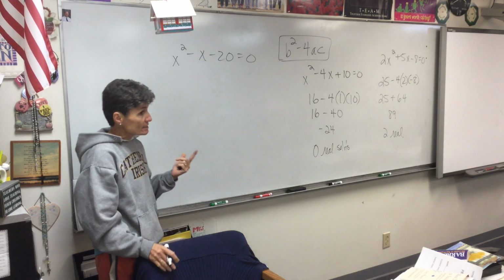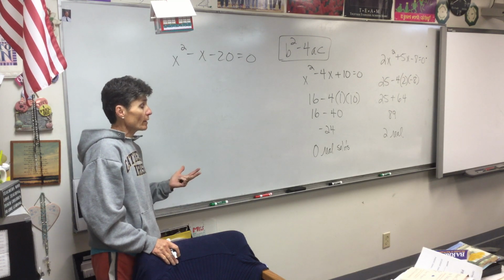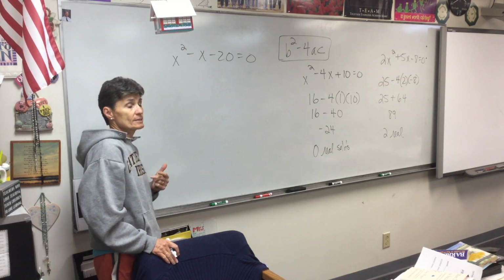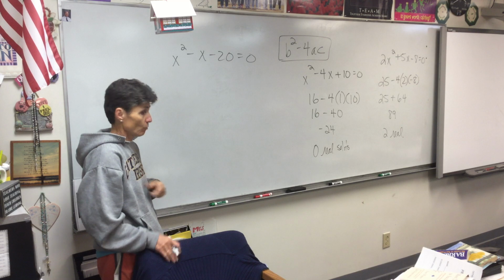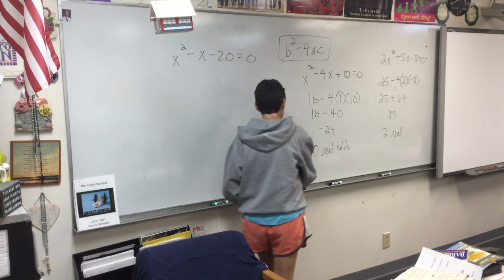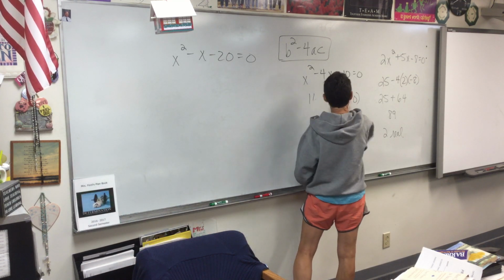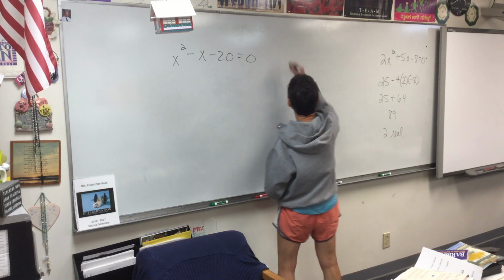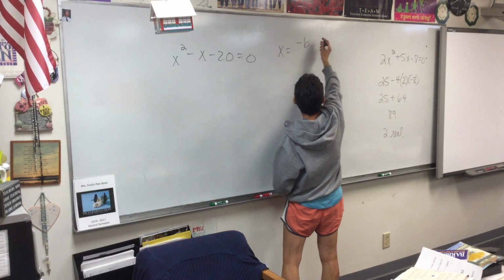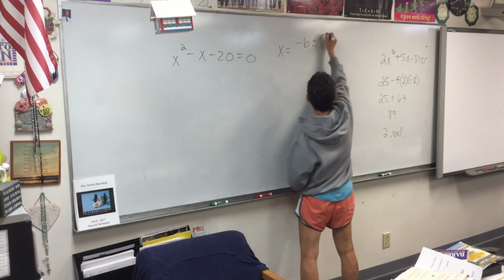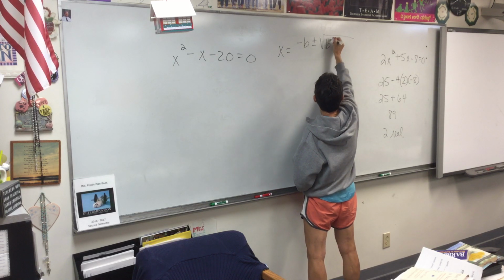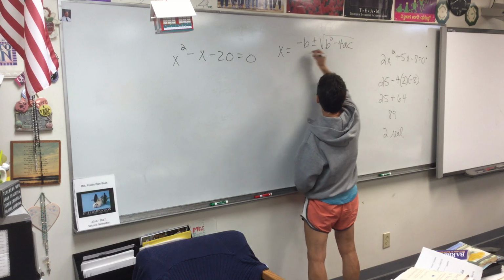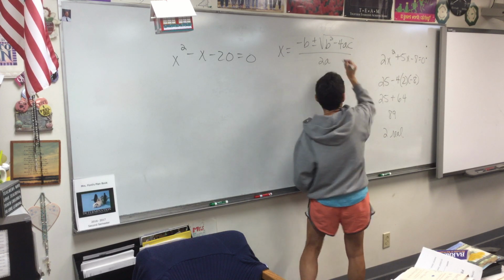We could factor this, we could complete the square on this, but these directions say use the quadratic formula. Anybody remember the quadratic formula? DeAndre, do you happen to remember it? X equals negative b plus or minus the square root of b squared minus 4ac, all over 2a.